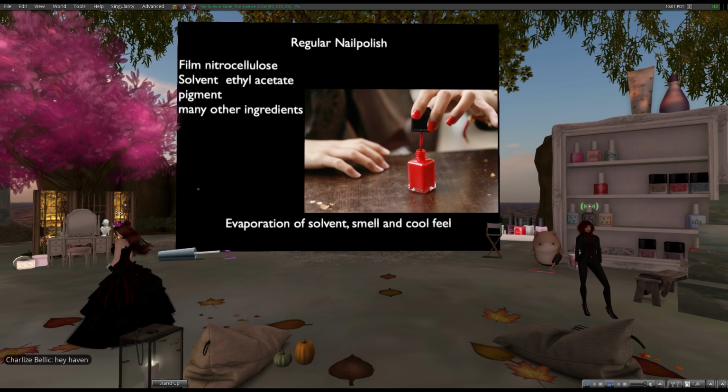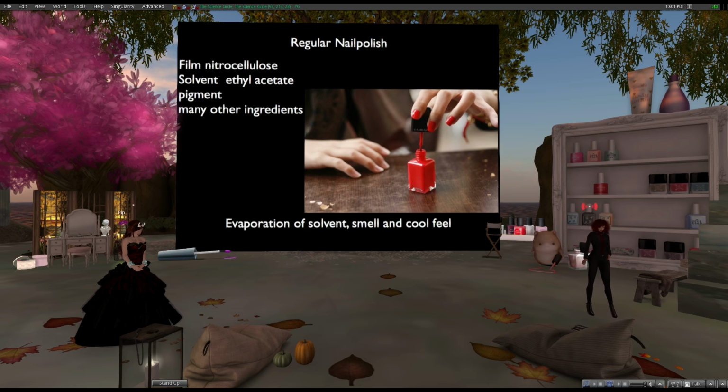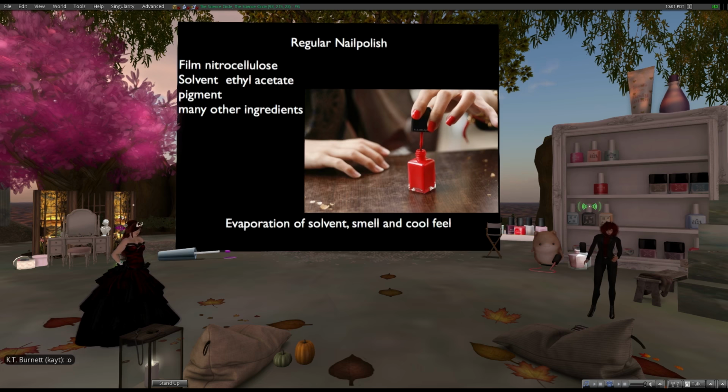The main ingredient in classic nail polish is nitrocellulose. That happens to be the explosive ingredient in gun cotton. It's quite flammable, and it's dissolved in various solvents like ethyl acetate, also flammable.